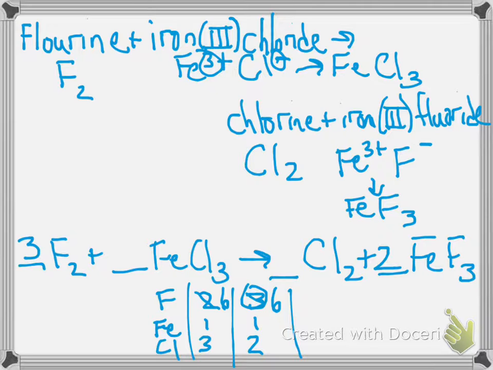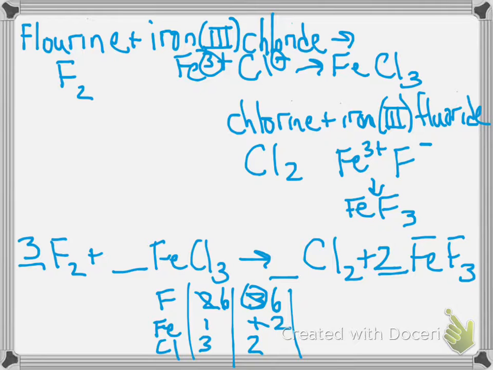Now we've got to do something about iron, because I forgot to do this in the previous step. You should try to keep track of all the changes you're making when you add coefficients. We now have 2 iron atoms on the right-hand side, so we have to make sure we have 2 iron atoms on the left-hand side.